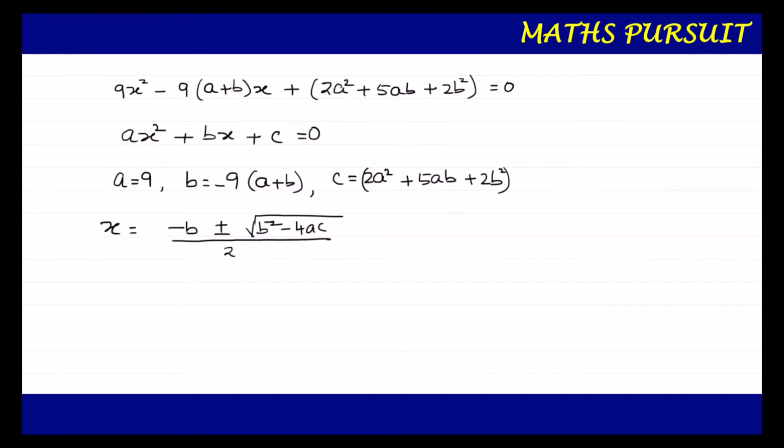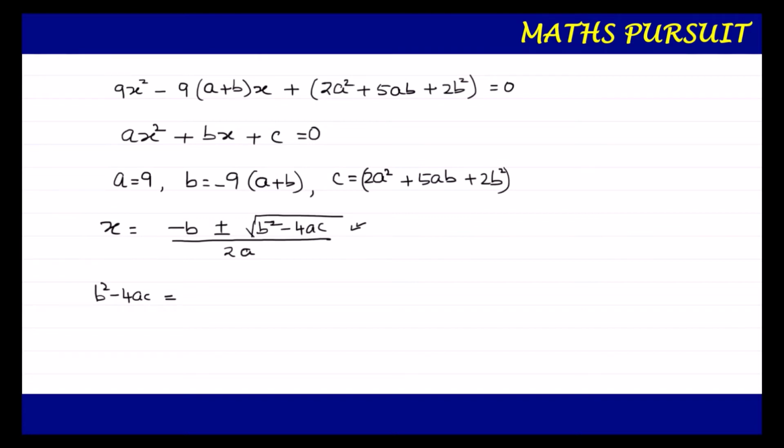So this is how we are going to solve this quadratic equation. Now let us first of all find out the value of b^2 minus 4ac, and then we will utilize it in our quadratic formula.